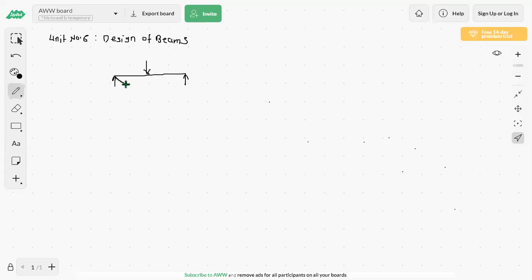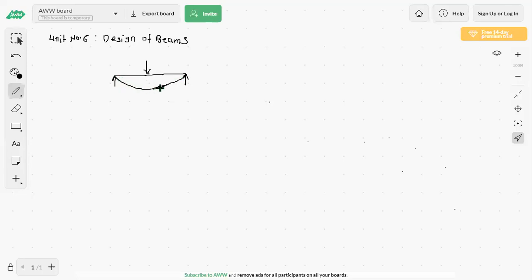Generally, the beam is bending in the horizontal direction. The beam is the structural element subjected to transverse loading in the plane of bending, causing shear force and bending moment.